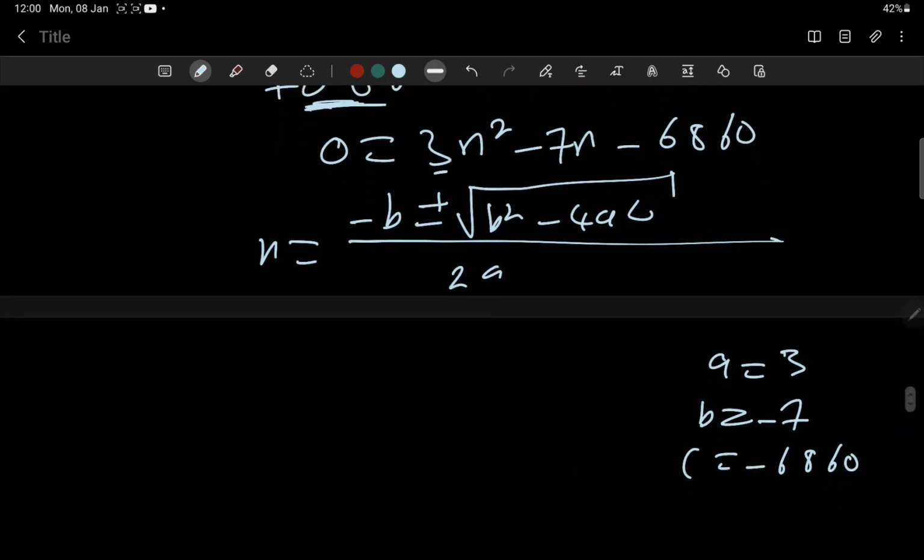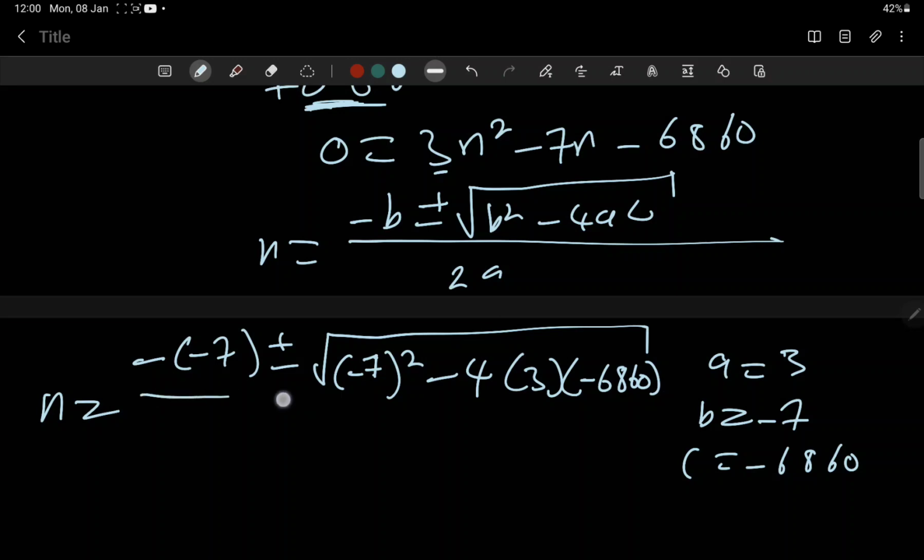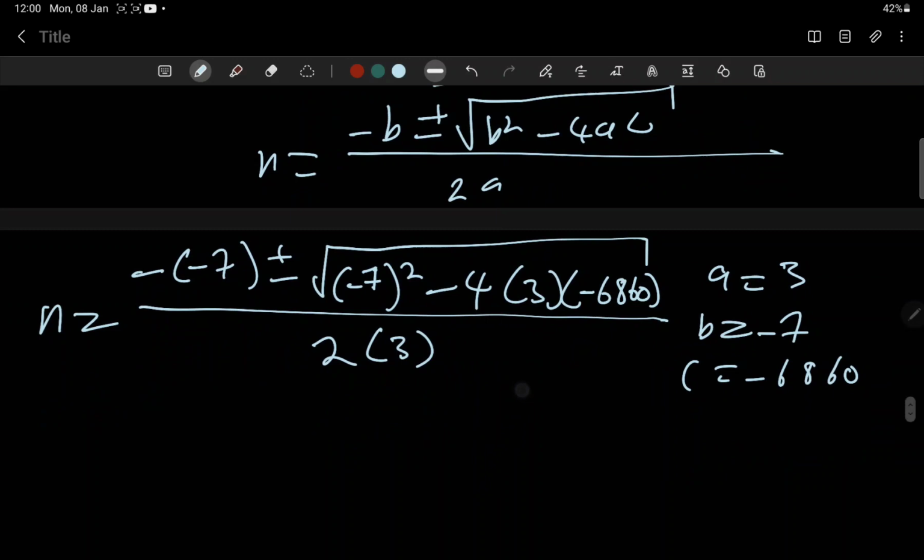Let us plug into the formula. N equals negative b, b is negative 7, plus or minus square root of negative 7 squared minus 4, a is 3, c is negative 6,860, and the denominator is 2 times 3. Then press your calculators and see what we get.